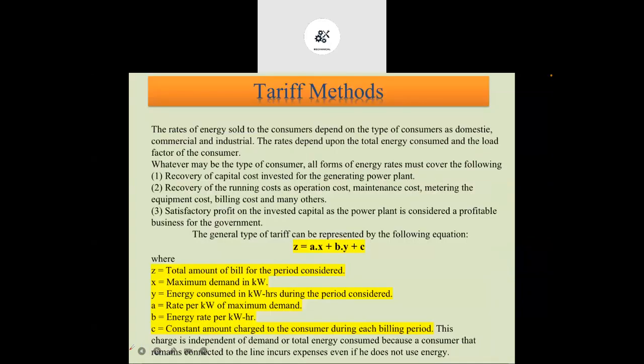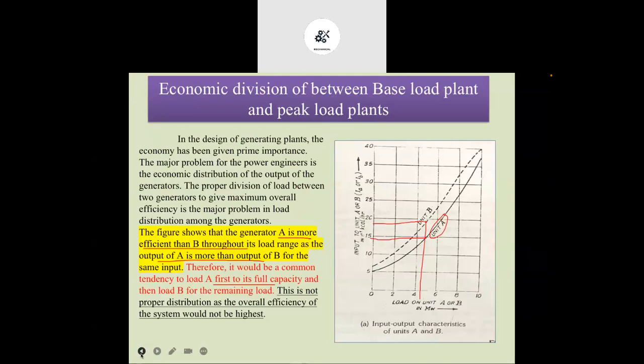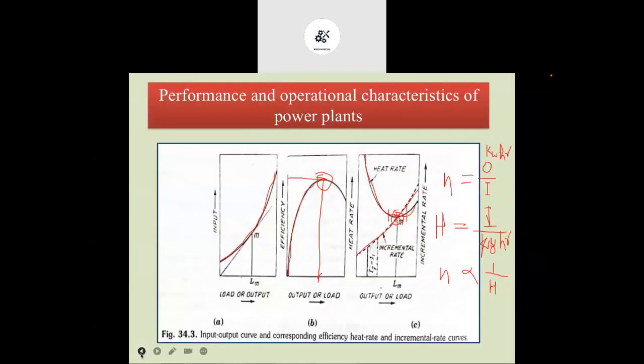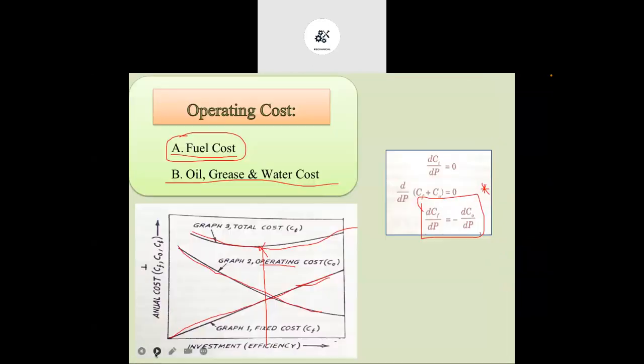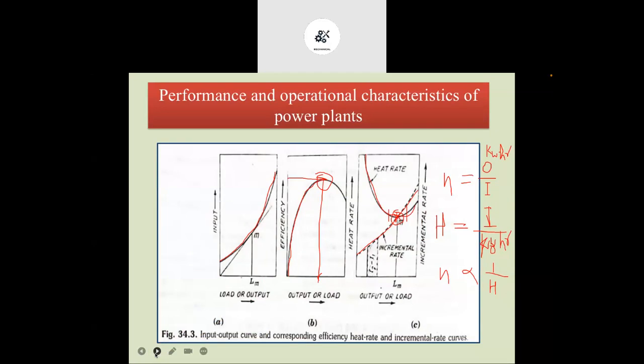Using this formula you can calculate the condition for minimum input for a combined power plant. So this is the economic division between base load and peak load.